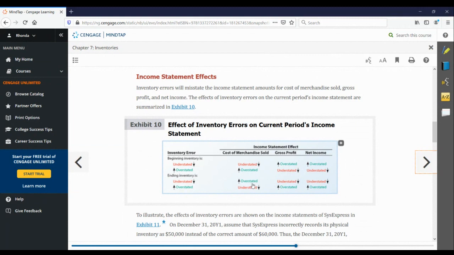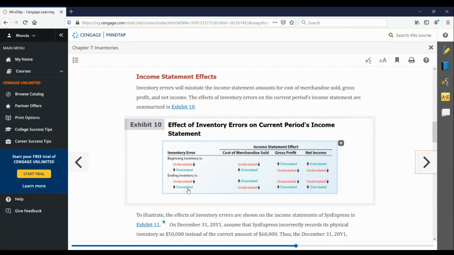If the cost of merchandise sold is overstated, then when we subtract it from our sales, it will make our gross profit understated. So if the ending inventory is understated, our gross profit will be understated too, and our net income will be understated for that period of time. What that means is our net income that we've shown to our stockholders or our creditors is wrong. It's under the correct amount.